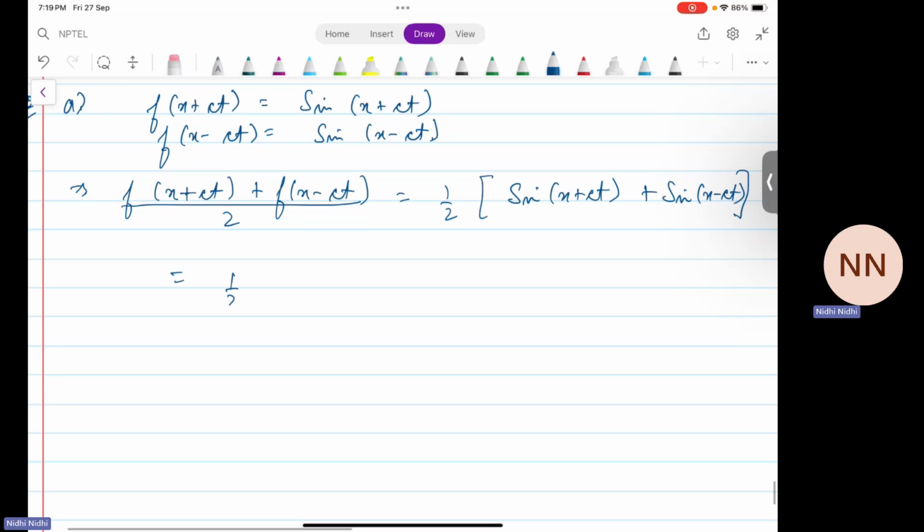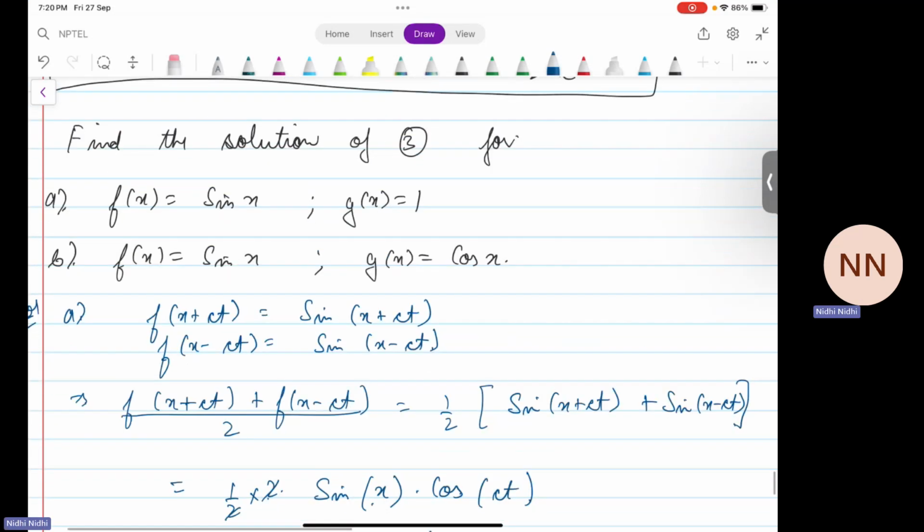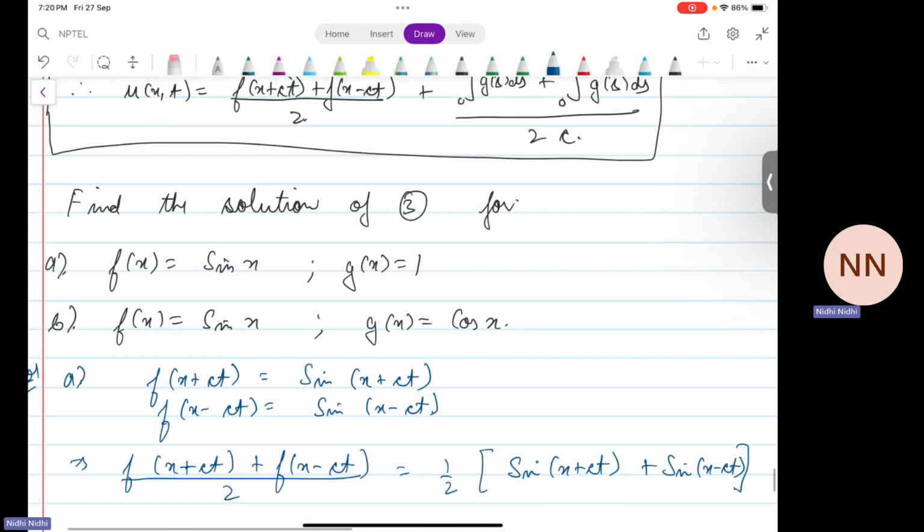So this is equal to 1 by 2 times 2 sin of x plus ct plus x minus ct, that is 2x by 2, which gives just x, and cos of x plus ct minus x plus ct, that is 2ct by 2, that means ct. So this is just sin x cos ct, and the other term is the integral of g.